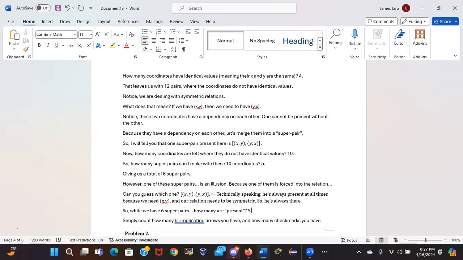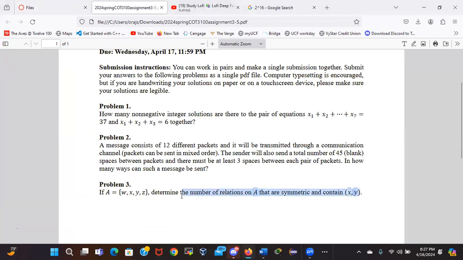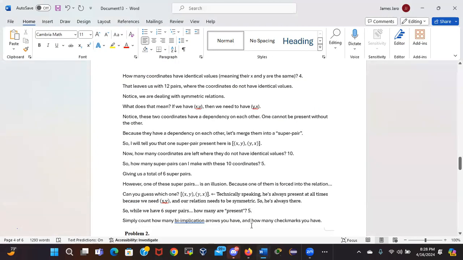That's where the 5 comes from. That's why we go down to 5. Why is xy always present? Because we want it to be. No worries. It's okay. You're not dumb. I promise. It's just nature of the beast. But hopefully that makes more sense on how I got the so-called super pairs.